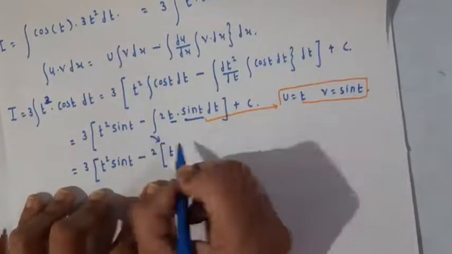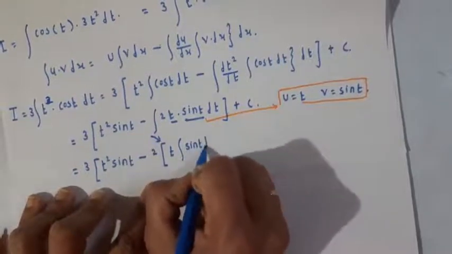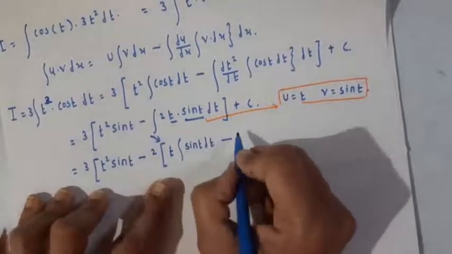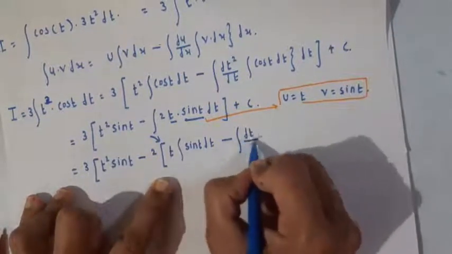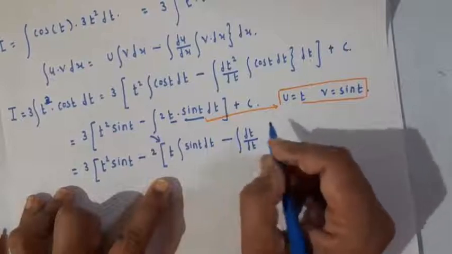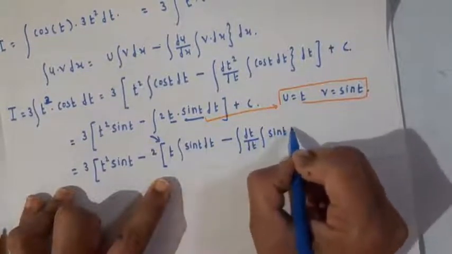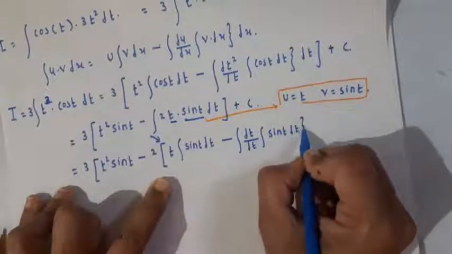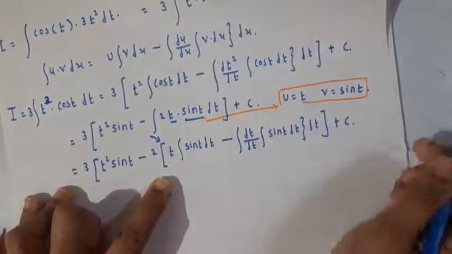We solve here t times integration of sin of t with respect to t, minus integration of the differentiation of t with respect to t times integration of sin of t with respect to t, and whole integration with respect to t, plus constant of integration c as it is.